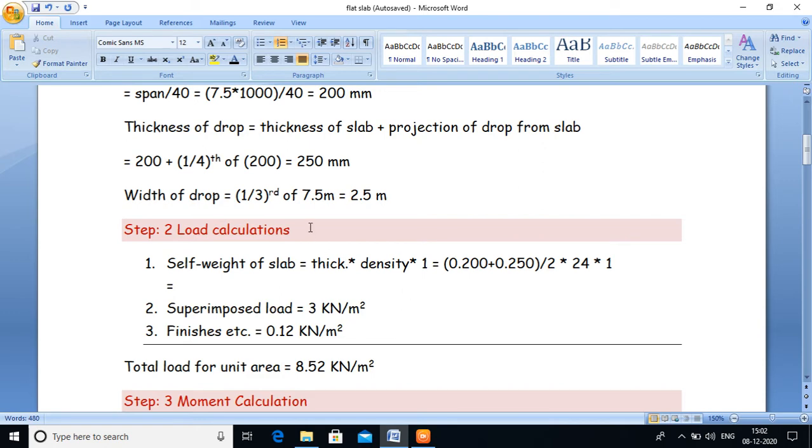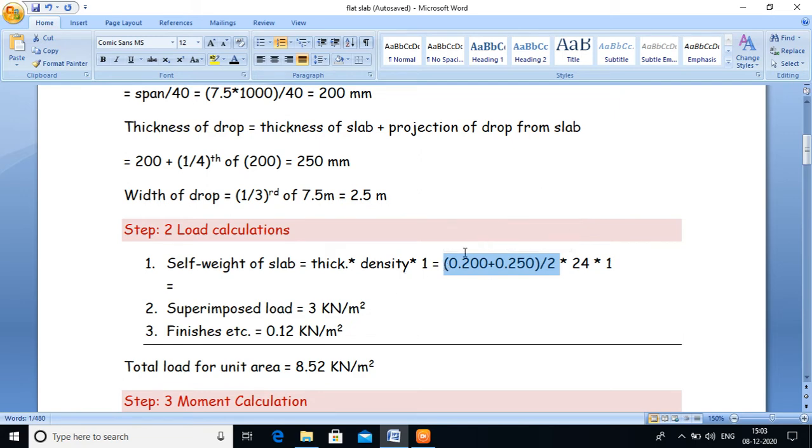The thickness we already found out is 200 mm, or in meter it's 0.2, into the density, which we have taken as 24, but for thickness I use this average.